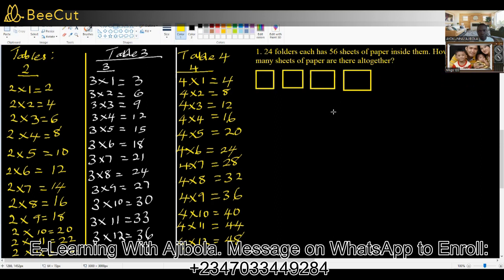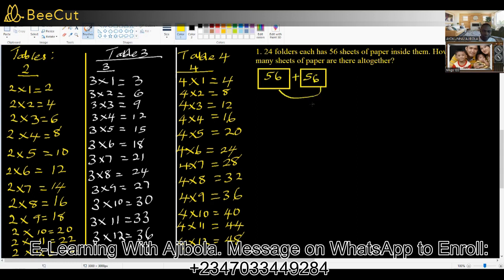So in each folder, we have 56 sheets. So if the first folder contains 56, and the next folder contains 56, okay? So how do I get the total? I will just multiply by 2, or I should add this together.